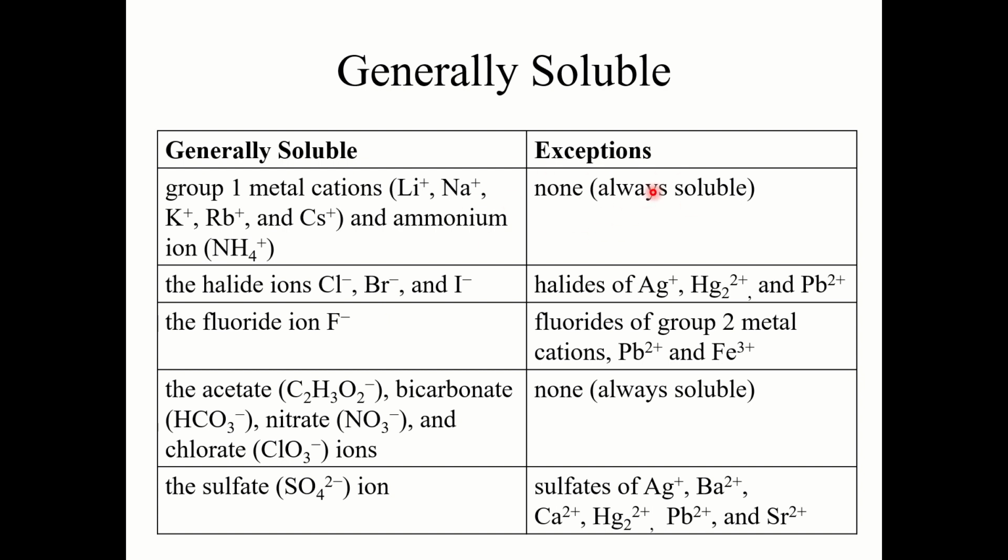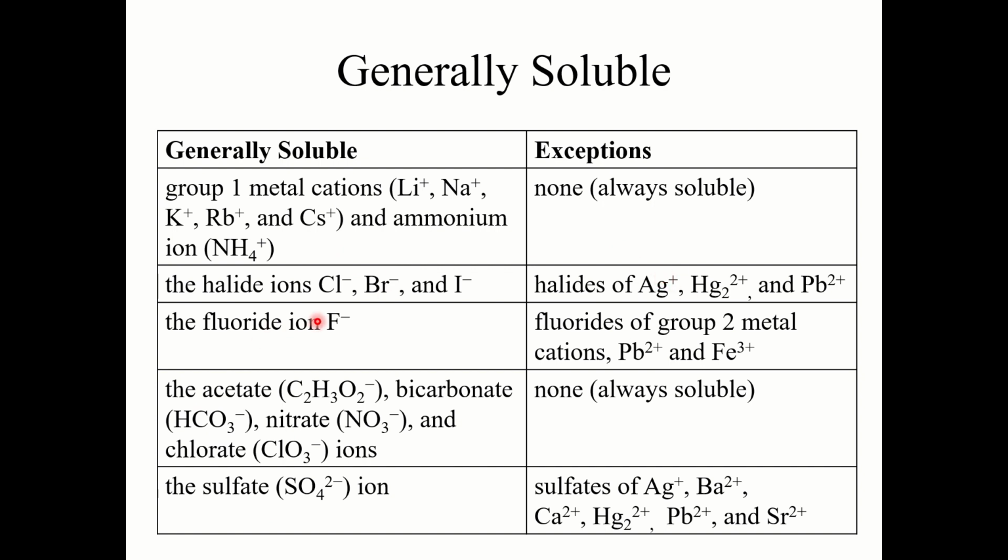There are no exceptions. If your compound contains any of these three halide ions, chloride, bromide, or iodide, it will be soluble unless the cation is silver, mercury, or lead. Then it's insoluble. So under the generally soluble rule, if you see that your compound has one of these ions, it is soluble unless you notice something in the exceptions page.